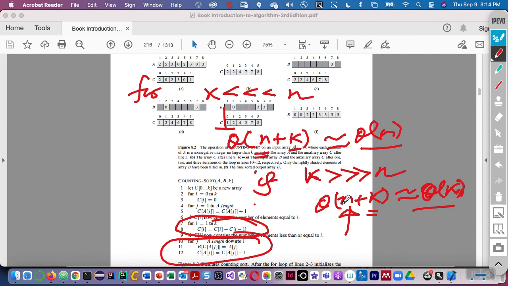And if the array is really big, then n would be dominant. So in general you just say it's theta of n plus K? Yes, generally the running time T of n equals theta of n plus K.